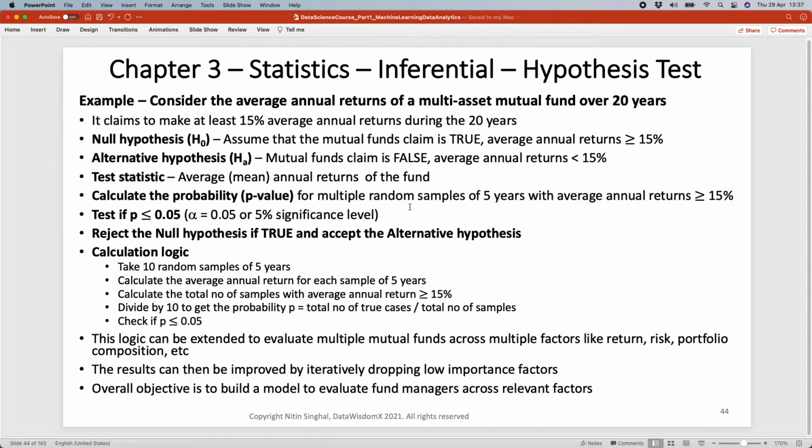So basically, all you've done is checked if a claim is true based on some assumption by taking a random sample from the overall population, using a statistic like mean or average or standard deviation, etc., and tested it for a significance level like 5% or 10%. So basically, what you're saying is, what is the chance of this claim being true or false?